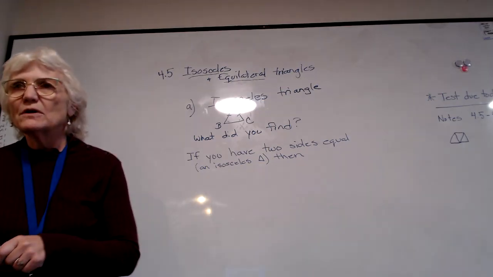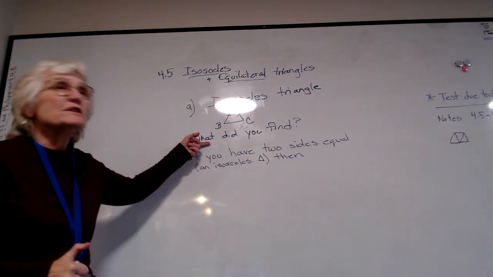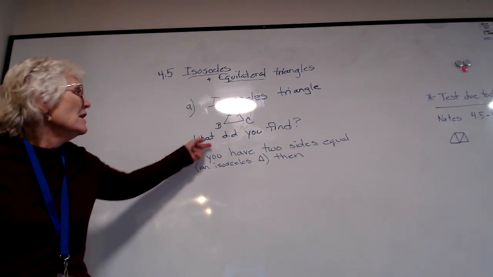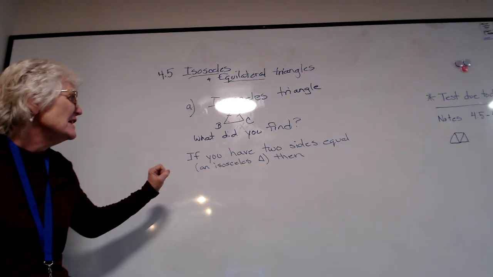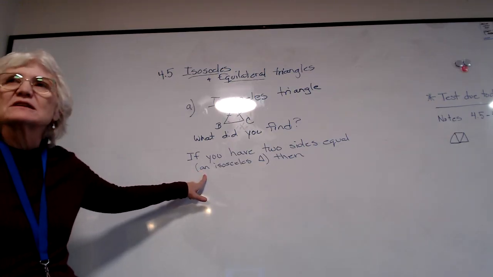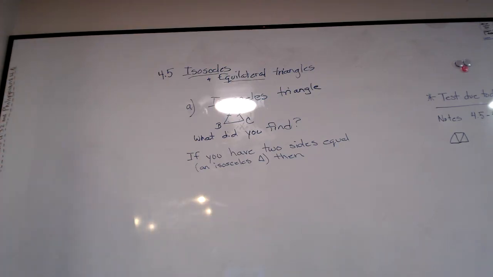Okay, so my question is, what did you find? Finish the statement. If you have two sides equal, basically an isosceles triangle, then what is true? Can you see anything about the angles that's true?